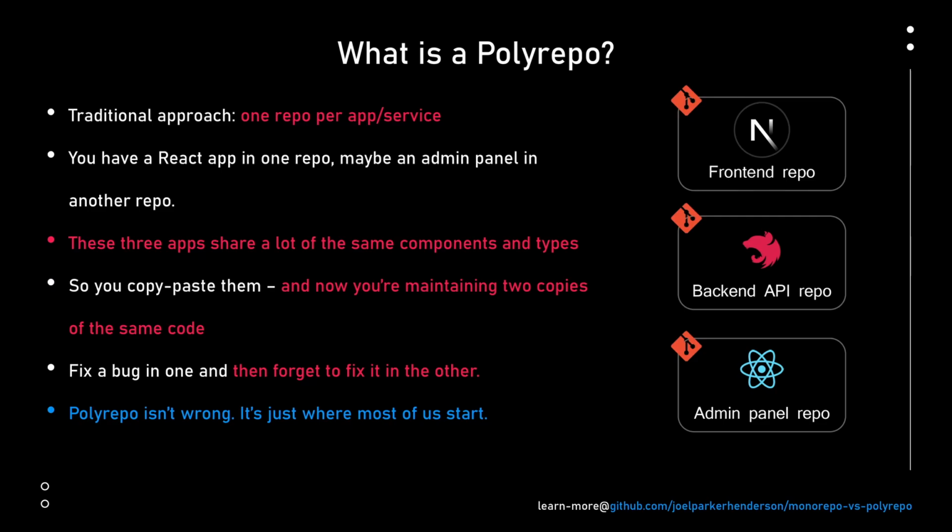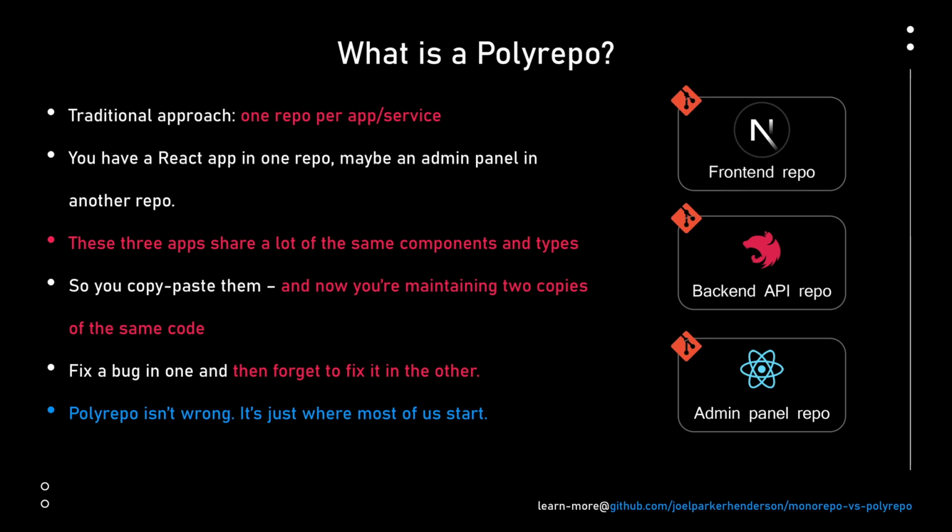In the next bullet, you have a React app in one repo, maybe an admin panel in another repo. These apps share a lot of the same components and types because Next.js is also React and the other one is also React. So you copy paste them, and now you're maintaining two copies of the same code. Sometimes we have code from different repos that we copy and put in another repo.